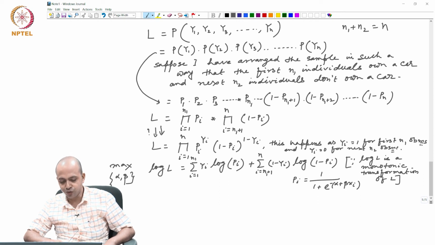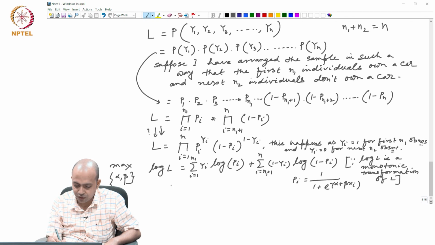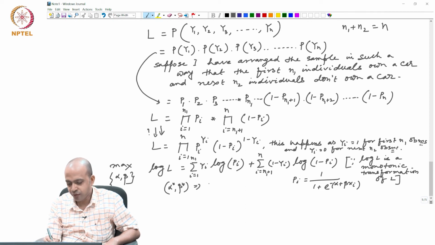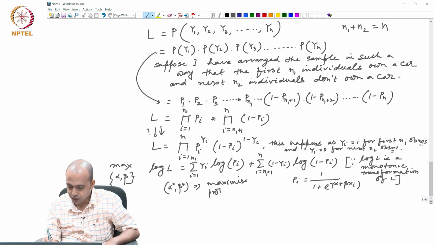And you will get the optimum alpha star and beta star that will maximize the probability of observing that sample.